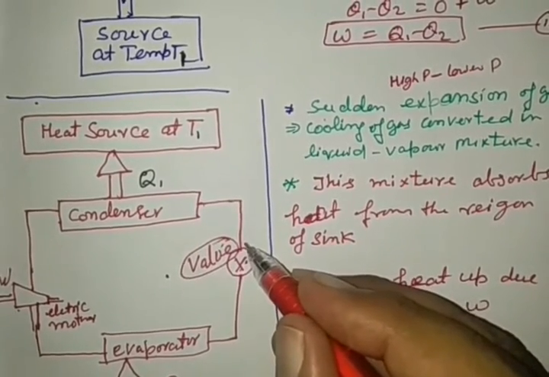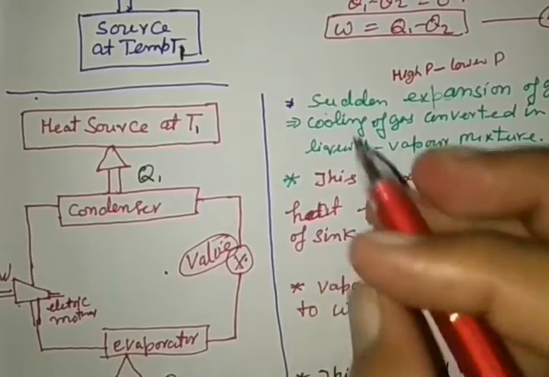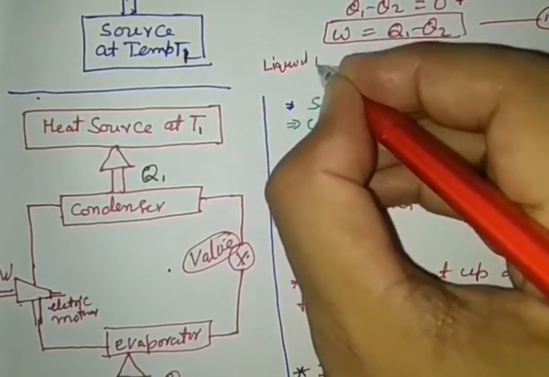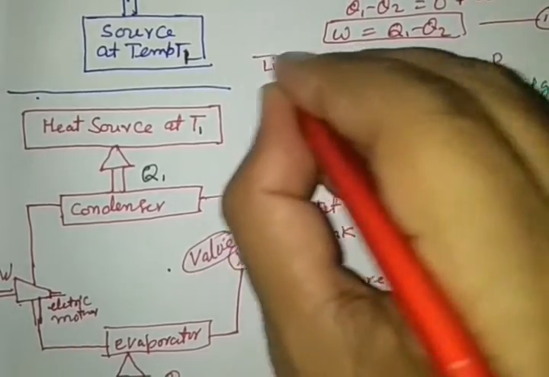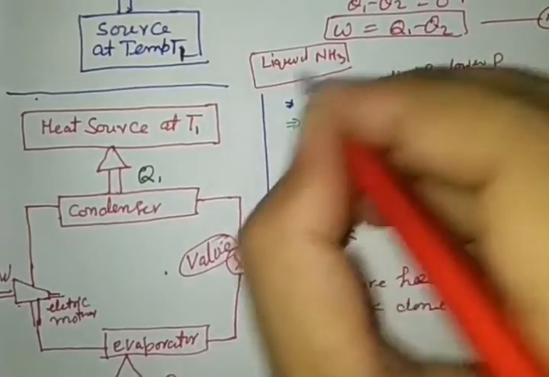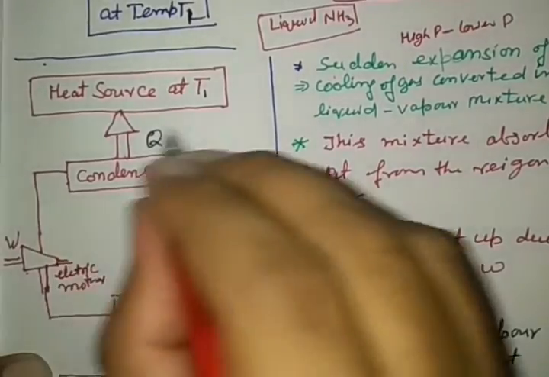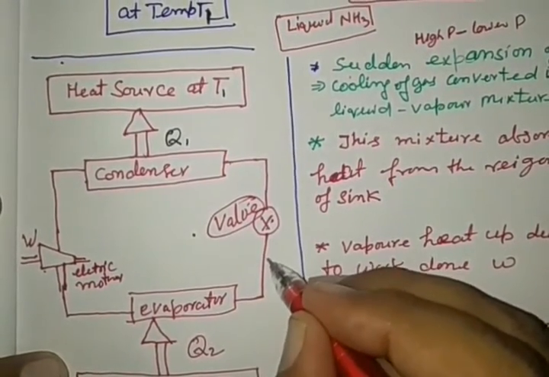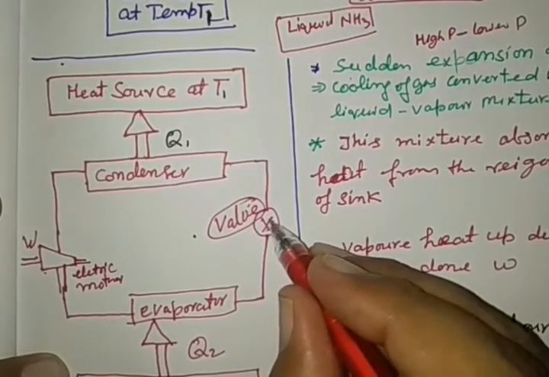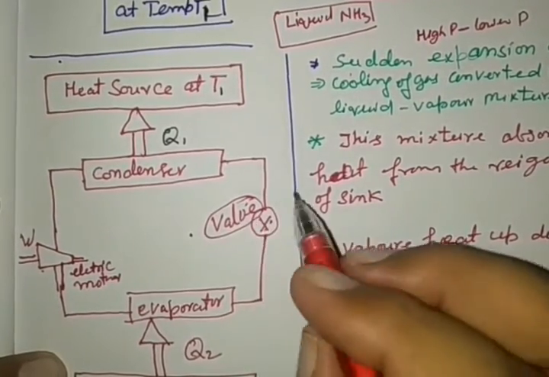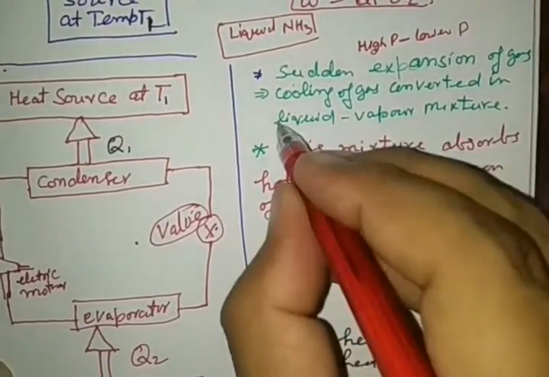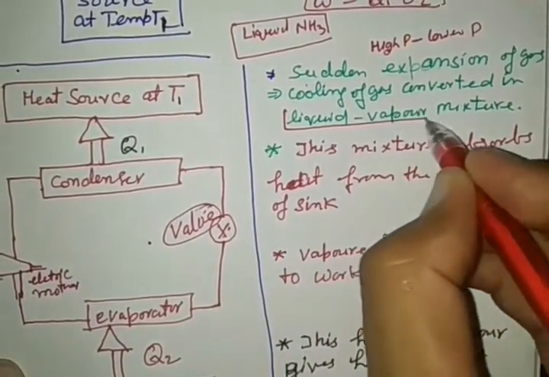What is the working substance used? Liquid ammonia is used, which rotates under a cycle in this case. When the valve opens, liquid ammonia moves from higher pressure to lower pressure and is converted into a liquid vapor mixture.